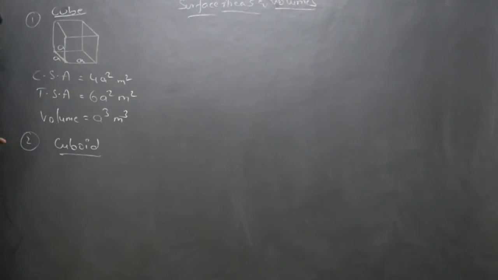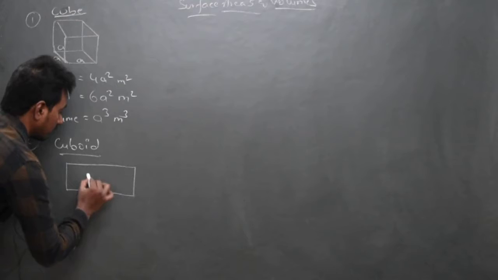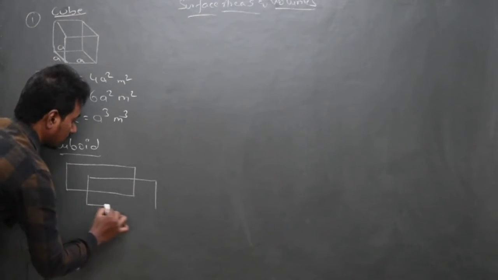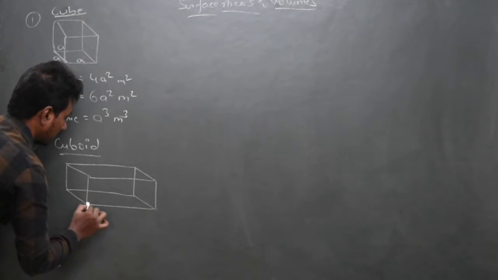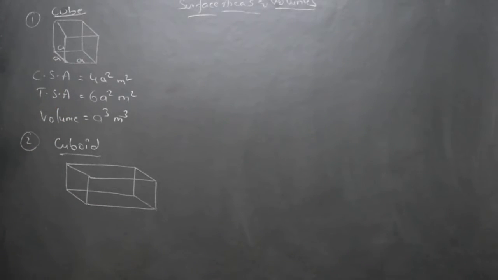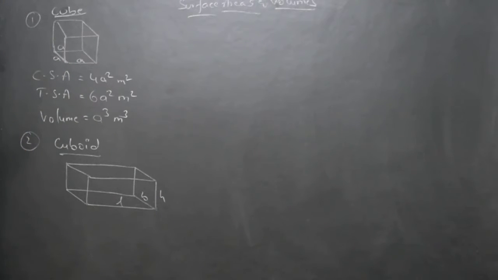A cuboid is something like a chalk box. Okay? It can hold length, breadth and height. Okay? The cuboid also has similarly curved surface area.